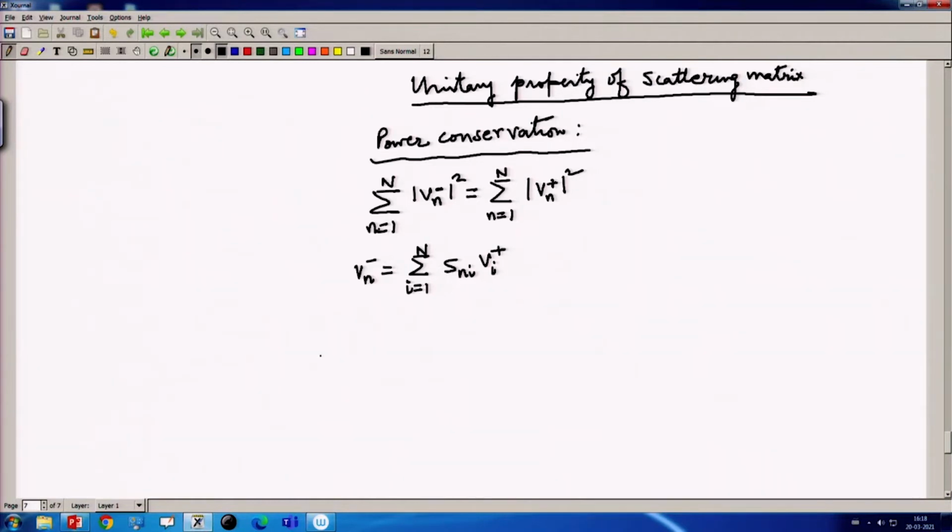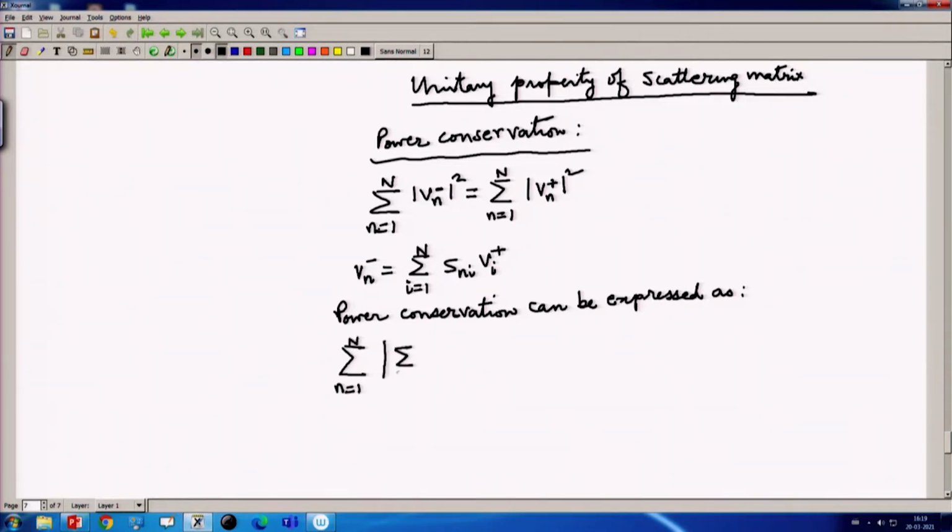So, therefore, the power conservation can be expressed as, all we did was substitute from V n minus here, that is the left hand side.